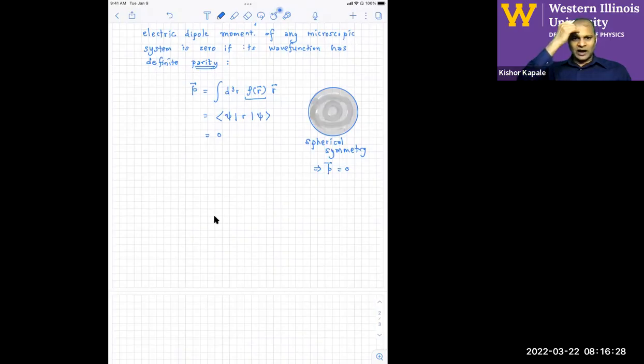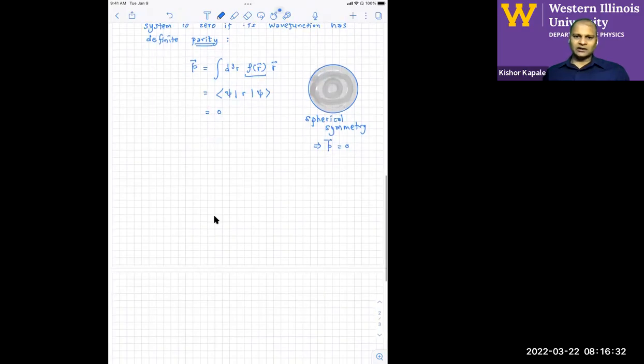So if you have isolated electrons, atoms, and molecules, they have zero dipole moment because Hamiltonian always commutes with parity. So Hamiltonian, let's see, we don't have a name for the parity operation. I'm just going to say parity.